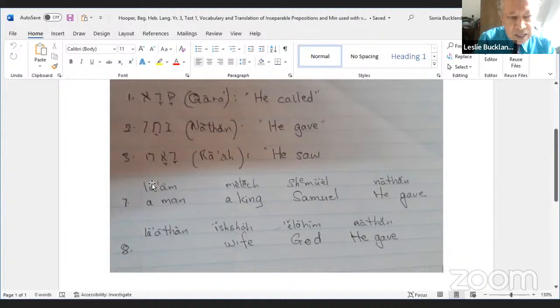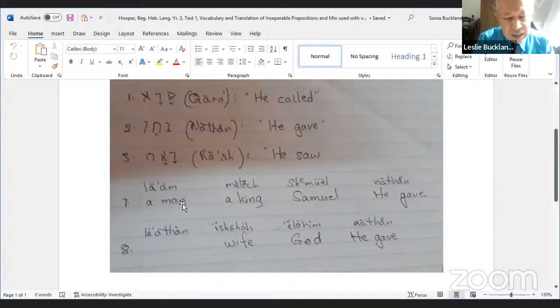The he disappears. And what is left of the definite article is the kames, the long a, and it goes under the lameth to give you la. So what you have here is a combination of the inseparable preposition to and what remains of the definite article the. So this is actually to the people.